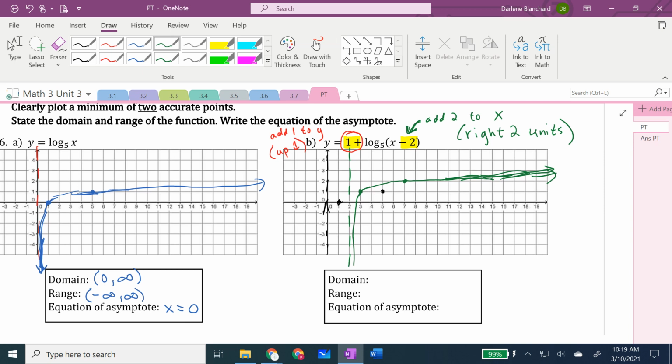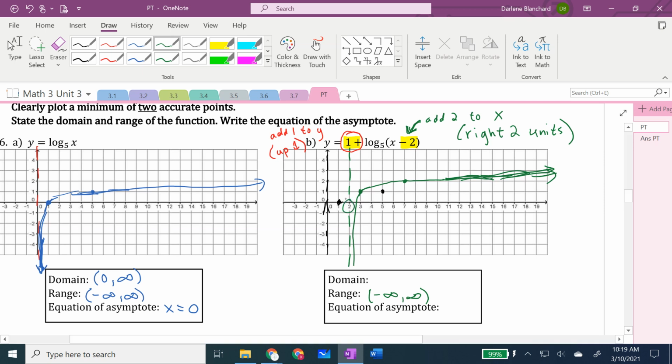Okay, now I want to point out that the range will be negative infinity to positive infinity for every log function consistently across the board. The horizontal shift or the horizontal translation affects the domain and the equation of the asymptote.